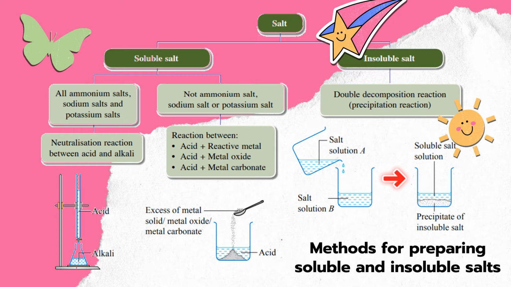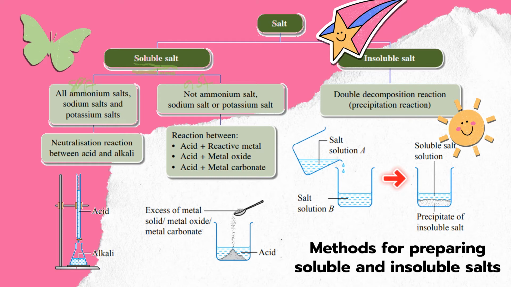Based on the solubility of the salt, we have different methods to prepare it. First we determine whether the salt is soluble or insoluble. Next, if it is a soluble salt, we identify whether it is a SPA salt or not.